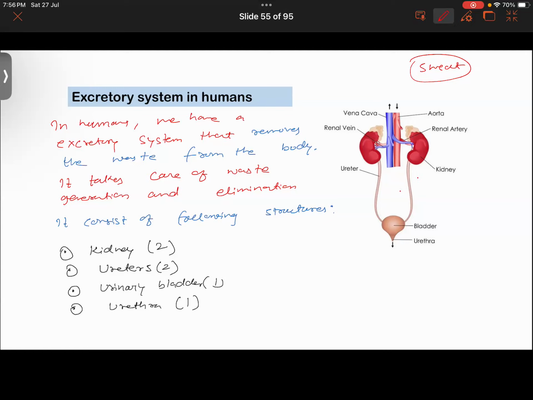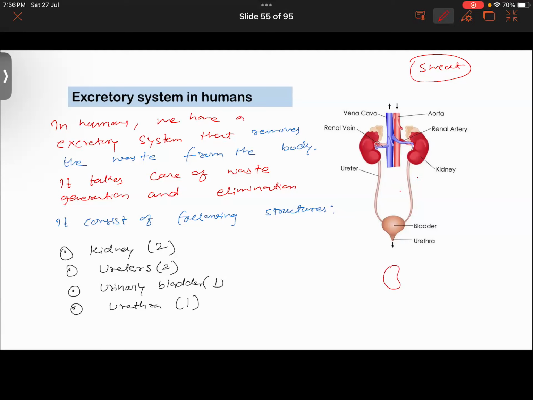Meanwhile, here is a very interesting fact. As I was saying, there is a condition where some children are born with just one kidney. Normally an individual requires two kidneys, but what if a baby is born with just one?